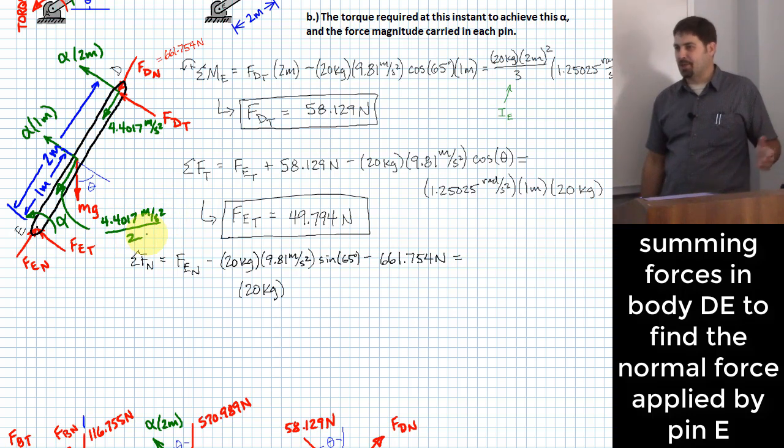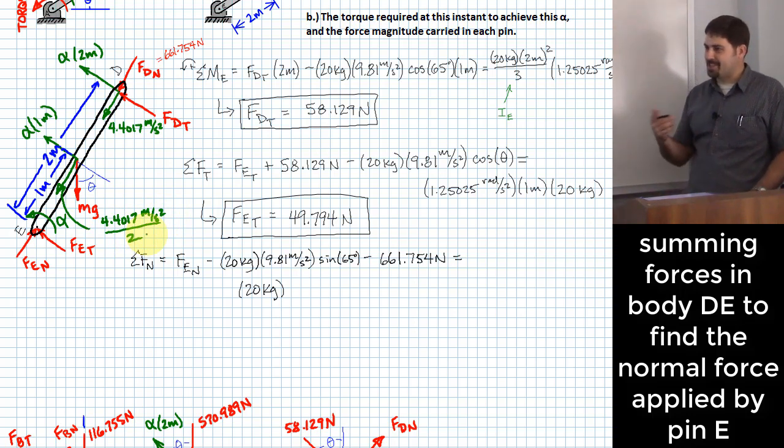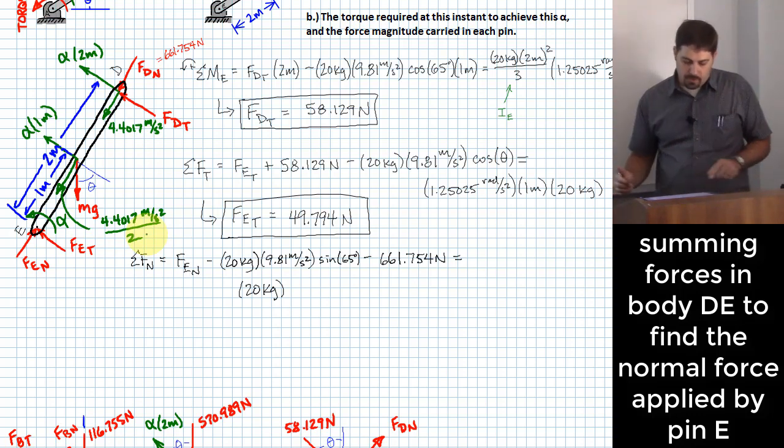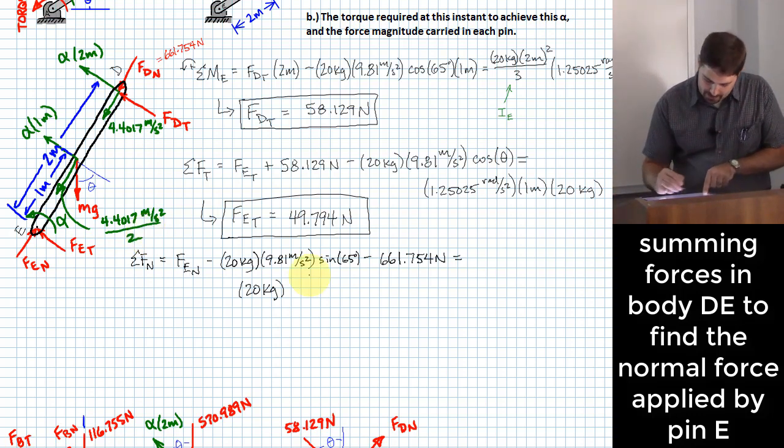That's a quick and dirty way to do it. We could go back and say we know that's 85 degrees per second, convert to radians, square that, and multiply it by the radius of 1 meter. It would give us the same thing. Okay? So we multiply this here by 4.4017 meter per second squared over 2.